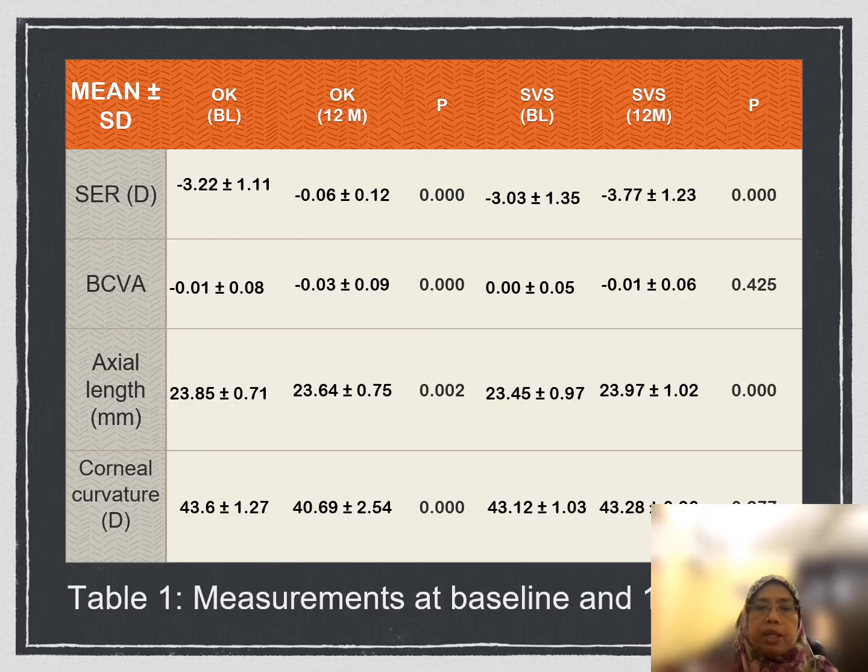Table 1 shows measurements at baseline and 12 months in both groups. As you can see, there are significant differences in spherical equivalent refraction, best corrected VA, axial length, and corneal curvature at baseline and at 12 months in the Orthoke group, but there were only significant differences in spherical refraction and axial length measurements in the single vision group.